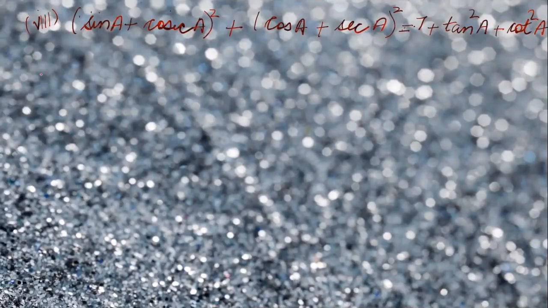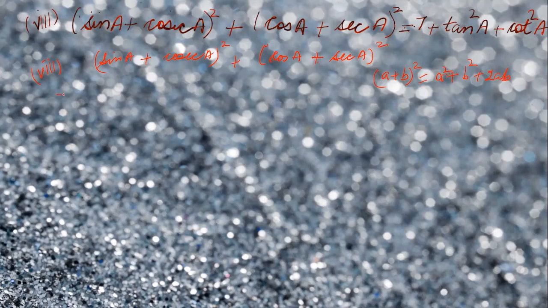Now the eighth part is sin A plus cosec A whole square plus cos A plus sec A whole square. Now you know the formula, A plus B whole square is A square plus B square plus 2AB.